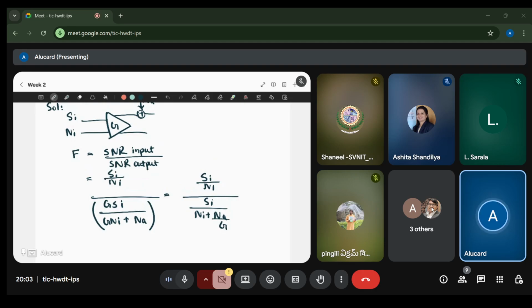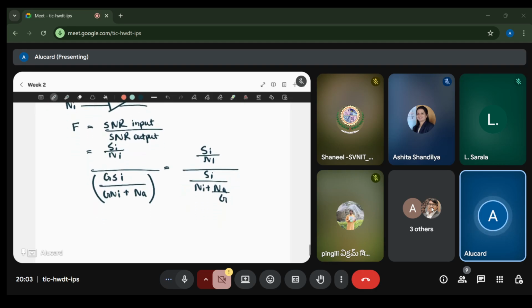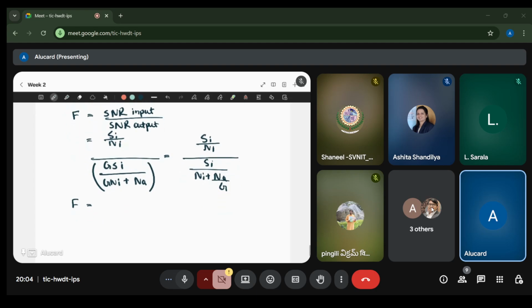Some other noise gets added to that noise, which is actually the ambient noise suppressed by a factor of G. Here again, you can remove the Ni from the denominator, take Ni common.